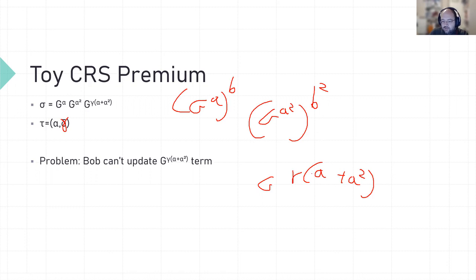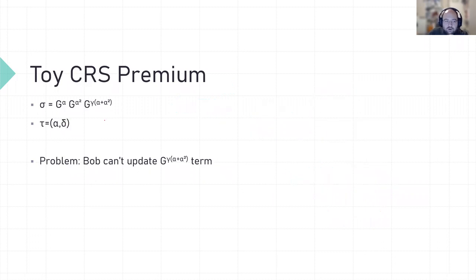Then this term would be correct, but this would only have B to the power of 1 rather than B squared. If he raises the entire lot to B squared, then this would be B squared, this would be B squared, this part would be correct, and this part would not. So it's very hard for Bob to know what he's supposed to do because all these terms are mixed here, and he's not able to do one simple operation that will produce a randomized version of this term.